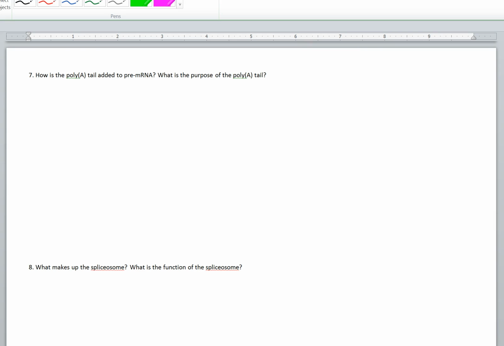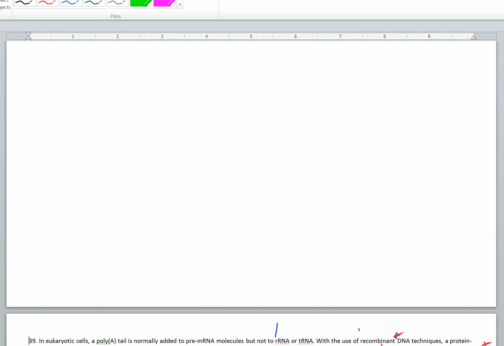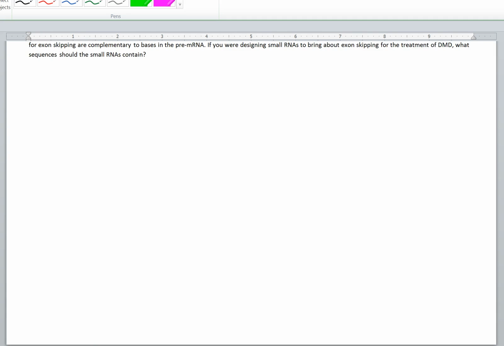How is the poly A tail added? You've got a gene. You'll notice I draw this diagram a lot, so you should get used to drawing this. You've got some exons and introns, transcribe, and then we're going to splice out the introns and put these guys together. Let me erase the whole thing.